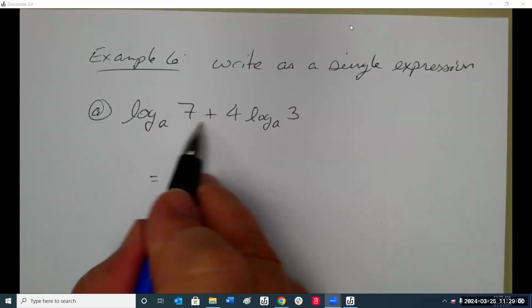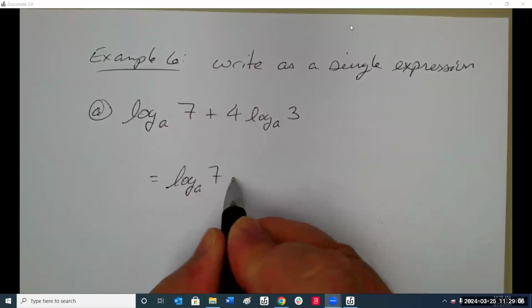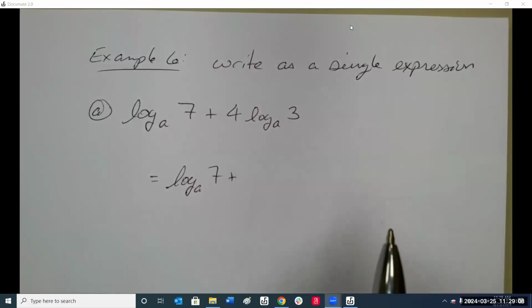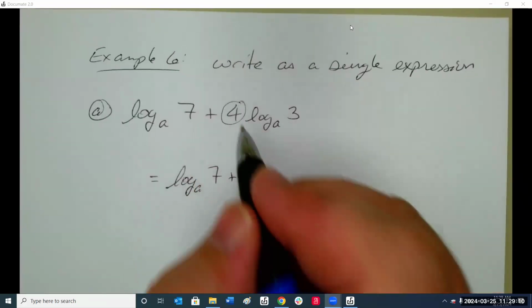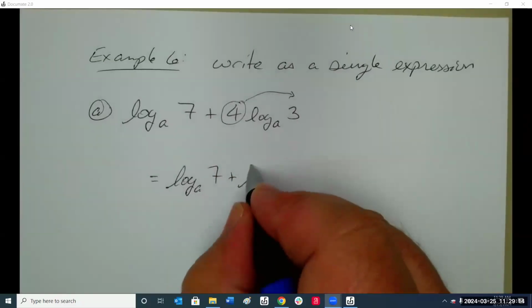Can you do anything in the first one? No. How about the second one? This 4 goes where? Goes as the exponent of the 3.